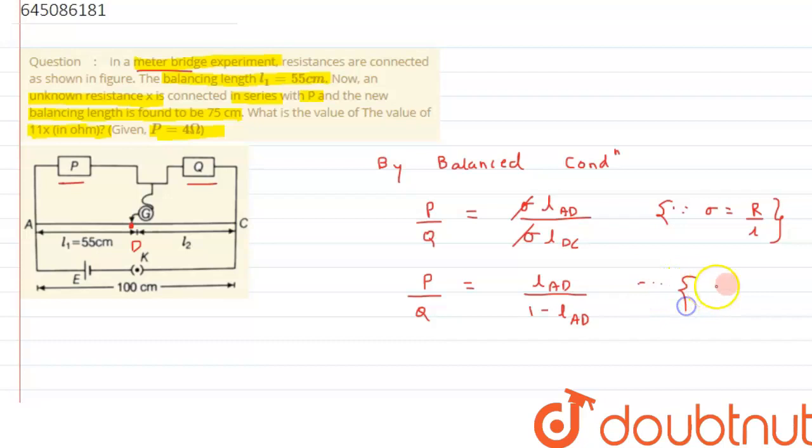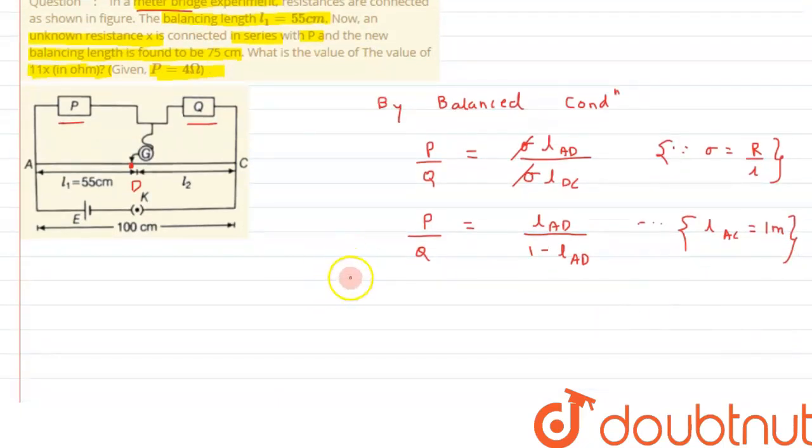So here we can give the reason that the total length AC is 1 meter. So from here we can now use the conditions over here. For the balance point, let's suppose in the first case we are getting it at point D only.